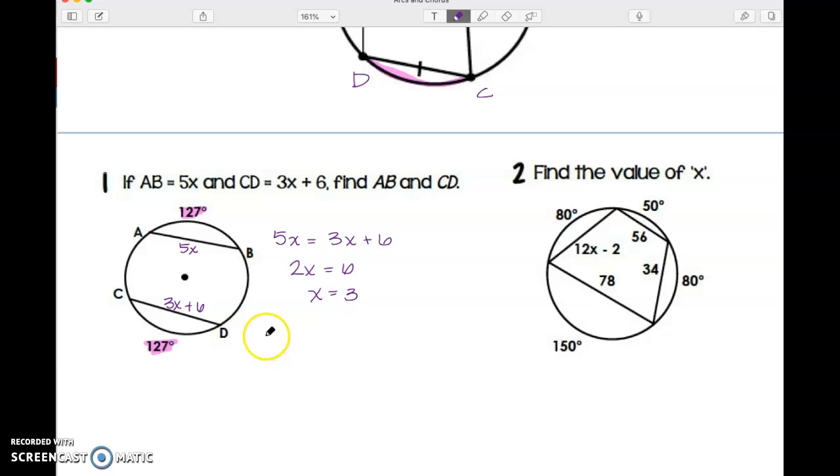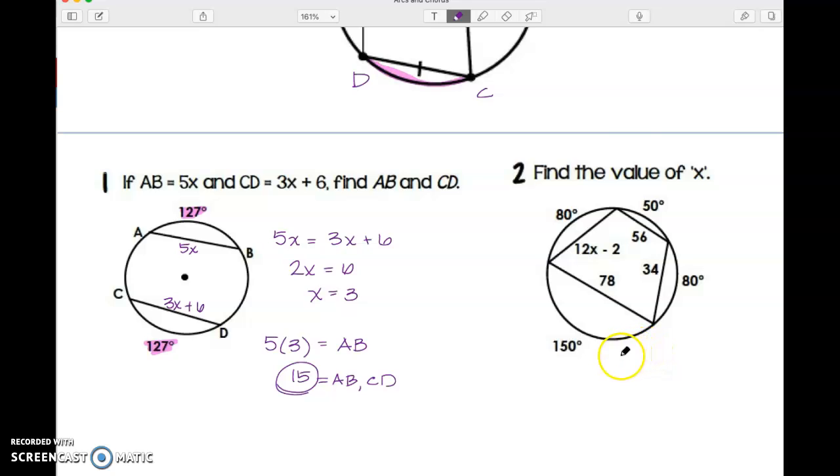So we would have to take one of those expressions, plug in the number for the variable, and then solve. Because those two things are the same, they're both going to be 15. We could have also plugged in 3 times 3 is 9, 9 plus 6 is 15. We would have gotten the same answer using either expression.